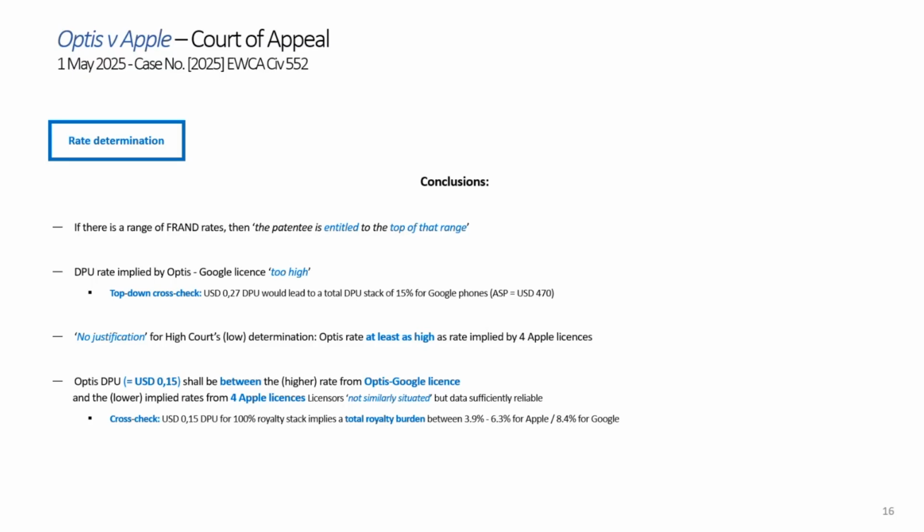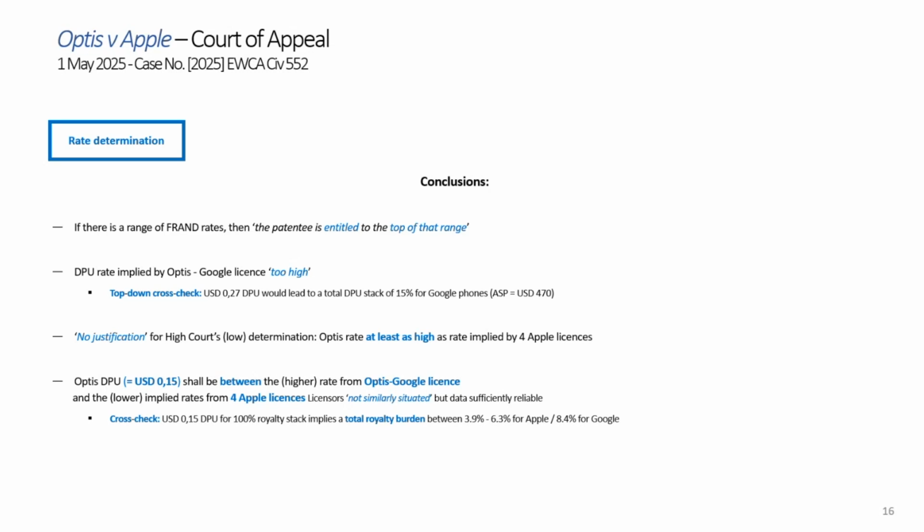So what the court did at the end was to go somewhere in the middle and determine that the dollar per unit rate for Optis should be 15 cents per device, which is between the higher rate of the Optis Google license and the lower implied rates from the Apple licenses. The court said here, of course, the licensors are not similarly situated, but it nevertheless found that the data was sufficiently reliable, and it did, again, a cross-check.